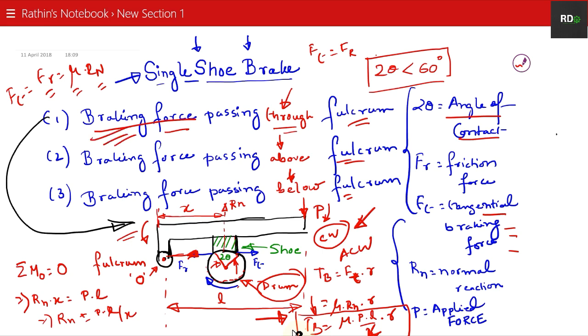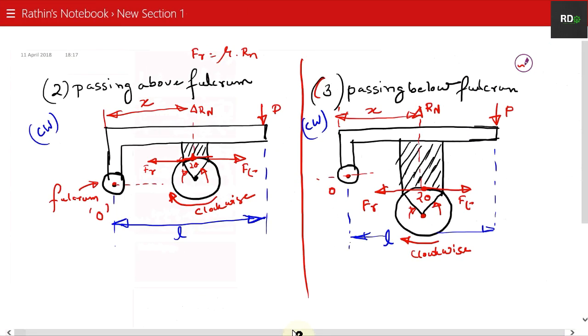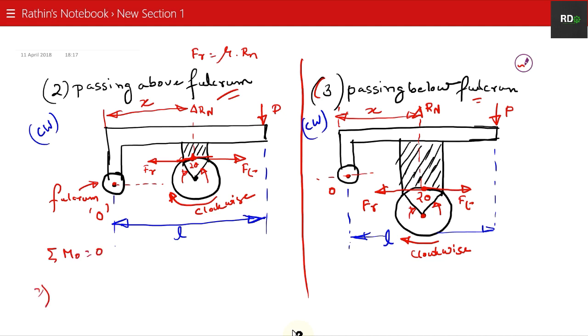So coming to our last two cases, as you can see, this is the braking force passing above the fulcrum, and in the third case, passing below the fulcrum. So passing above the fulcrum, taking moment about O, what will it give us?